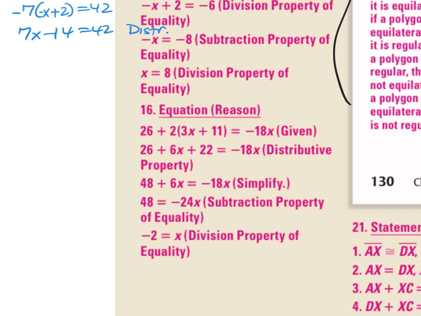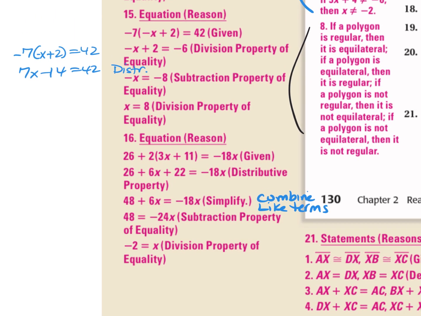Then number 16, this one you had to distribute, you couldn't divide, so you had to follow the steps that they did. So distribute, then you would have combined like terms. So where it says simplify, if you put combined like terms, that would be acceptable as well. Okay, and then you just continue solving. You would have simplified, then subtracted, and then divided.